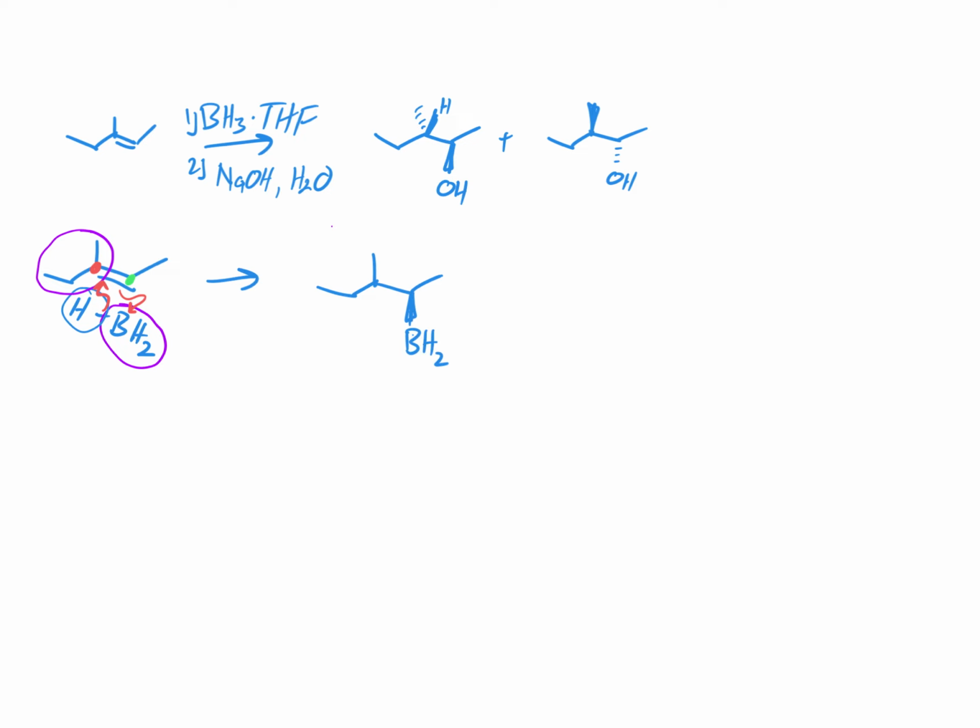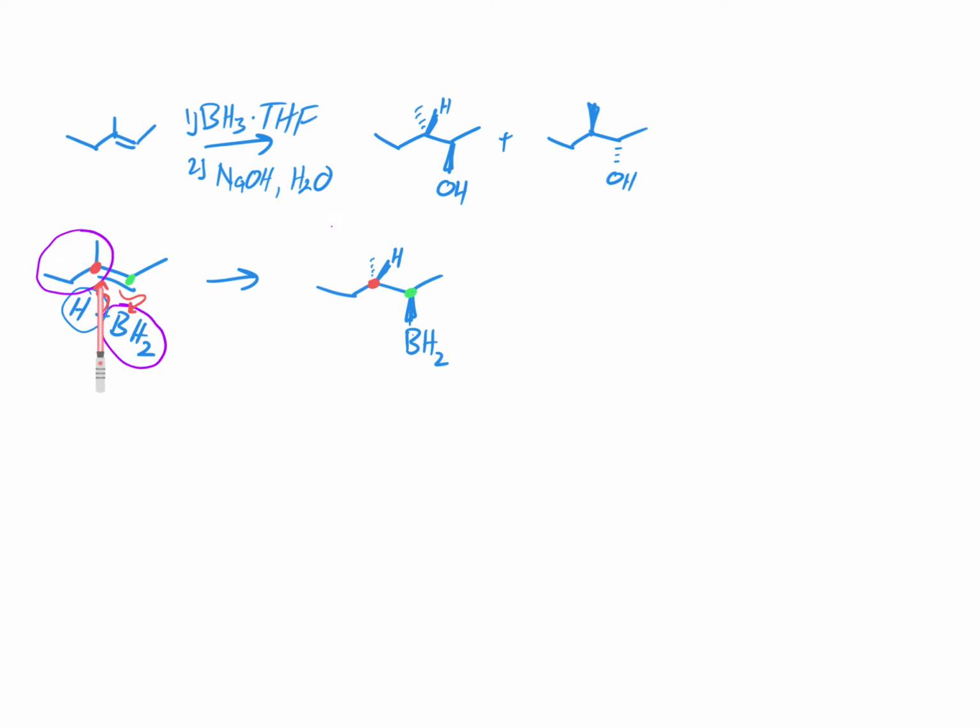And I'm going to fix this methyl because I want to indicate stereochemistry there as well. So you see how my hydrogen is now attached to the red carbon, and my boron is attached to the green carbon. And again, the larger portion of the BH2 is added to the less substituted side of the alkene, the smaller side. That is the anti-Markovnikov addition.